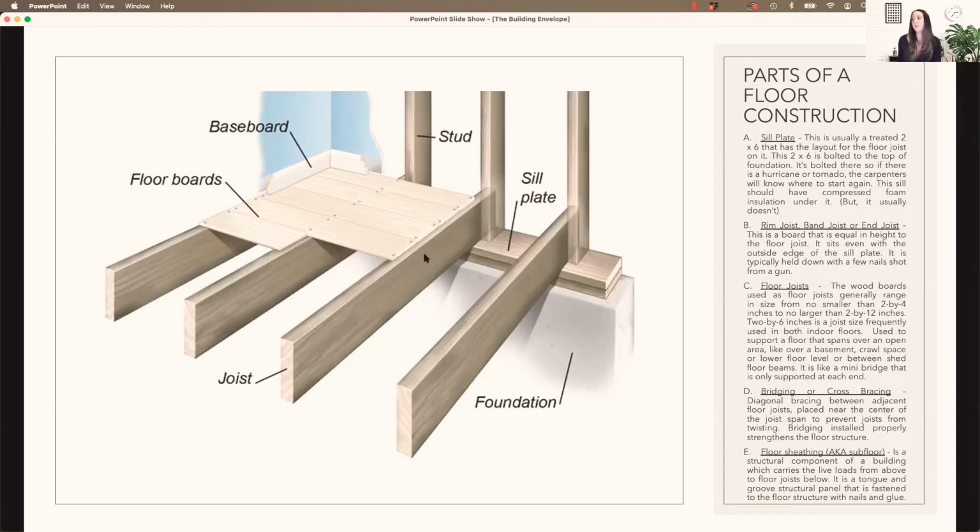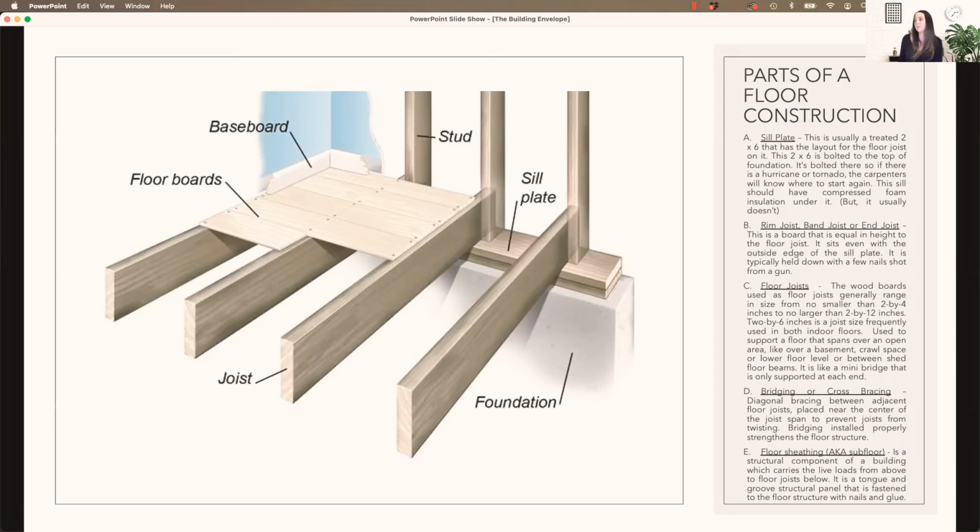Again, the sill plate is usually 2x6 lumber that's bolted to the top of the foundation. He did mention that sealant they use between the sill plate and the foundation to keep air leaks from happening and keep bugs, or insects, from being able to get in there.